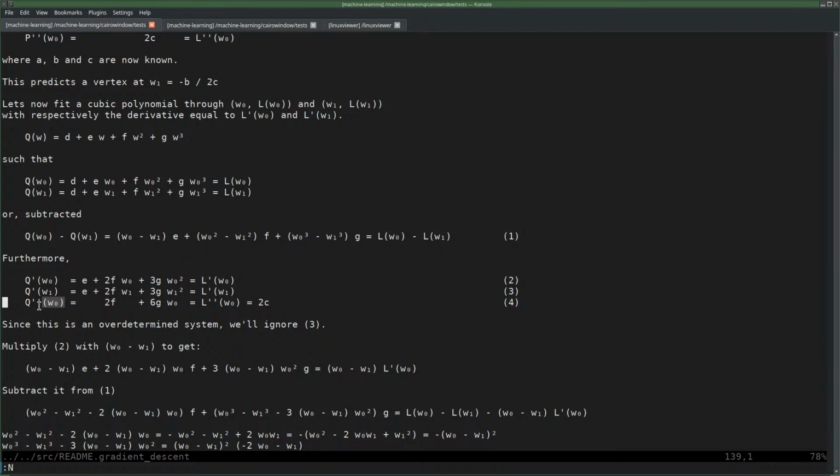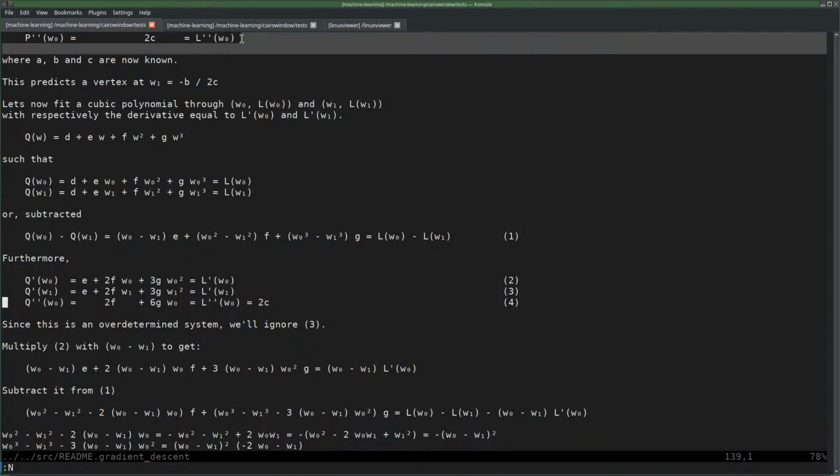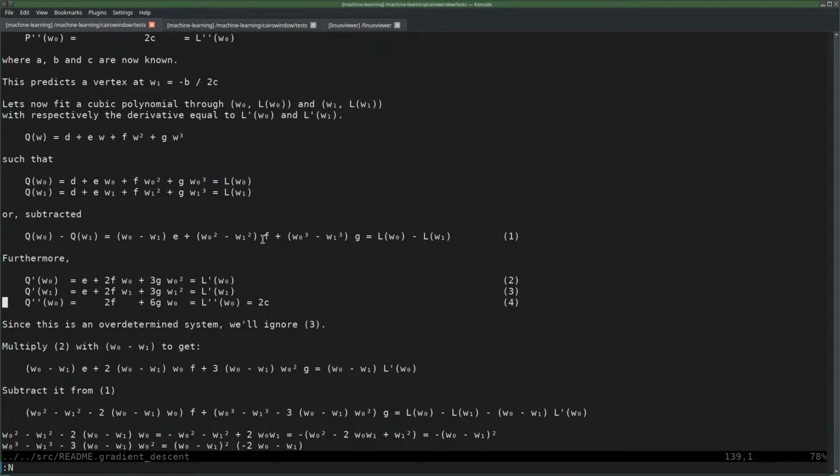I can just look at the first derivative. Then the constant is away, and we are left with 2F here. And this 6G, and then that becomes a W, and then we fill in W0 for W, so then you get this formula, and that must be equal to 2C, which was that value. I don't see any error there either.